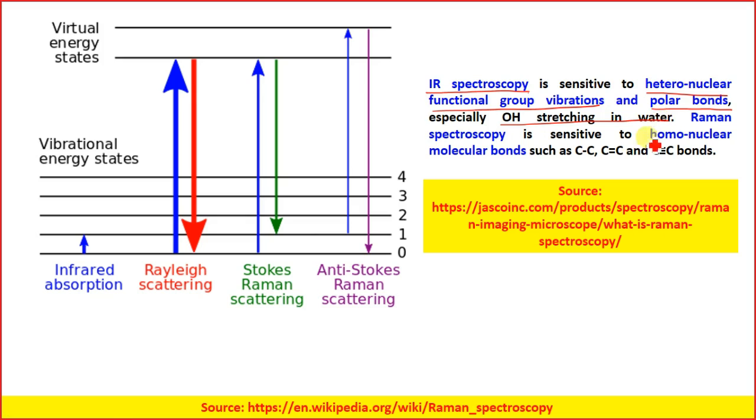Whereas Raman spectroscopy is sensitive to homonuclear molecular bonds such as C-C, C double bond C, C triple bond C, etc. So IR spectroscopy is sensitive to heteronuclear functional group vibrations, whereas Raman spectroscopy is sensitive to homonuclear molecular bonds.